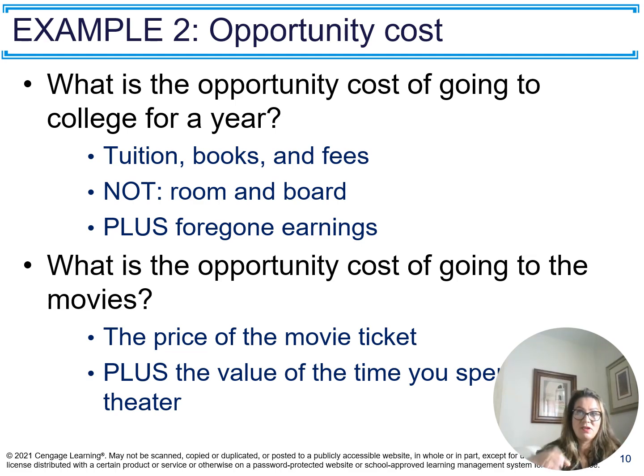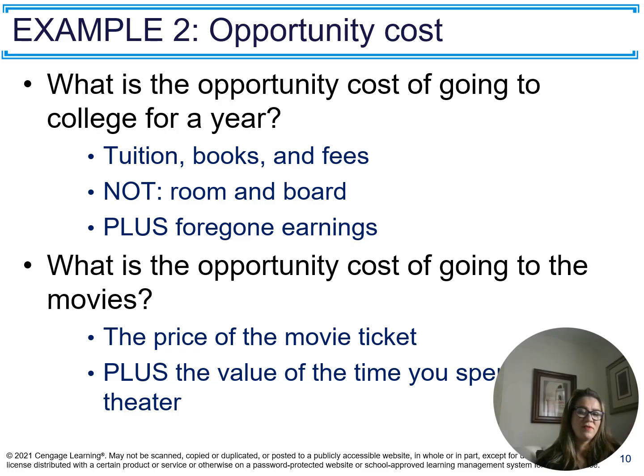Instead of being here listening to this video, you could be working some extra hours to make extra money at work, right? You could have picked up an extra shift, right? Instead of actually attending the university during the regular fall session, right? So what you're doing is foregoing earnings for attending college, and that's the opportunity cost of going to college. Or what is the opportunity cost of going to the movies?